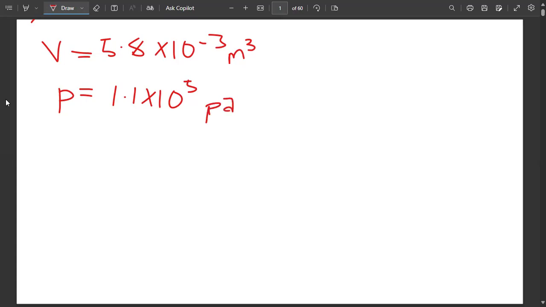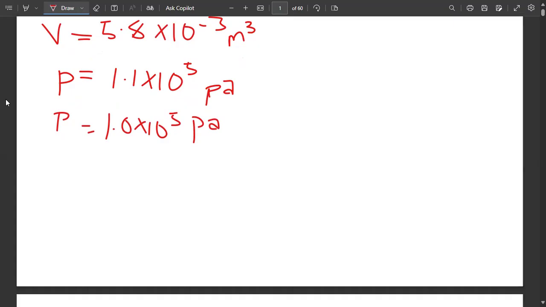This is the maximum pressure above the atmospheric pressure. So what is the atmospheric pressure that we are using? It's 1.0 times 10 to the power 5 pascals, or 1 atm.